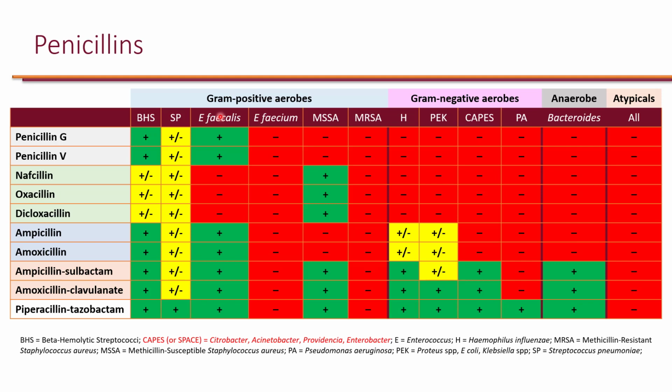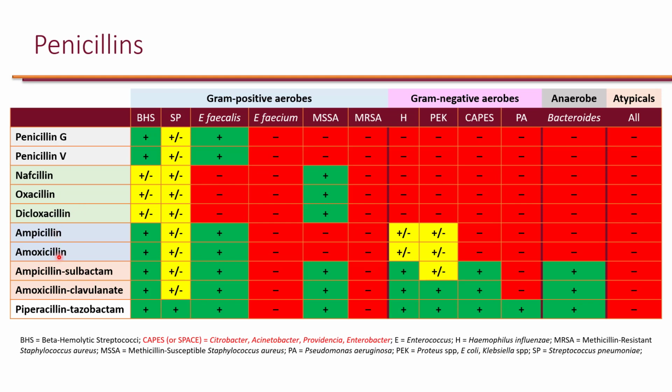Now let's take a look at Enterococcus. So for Enterococcus faecalis, you can see that penicillin G and V are different formulations of penicillin, and they are in general active against the wild type E. faecalis, but they don't have activity against E. faecium. Now the next 3 basically have the same activity. So nafcillin, oxacillin, and dicloxacillin are in the same subclass. So when we test for susceptibility for oxacillin, it applies to nafcillin and dicloxacillin, and they do not have activity against Enterococcus.